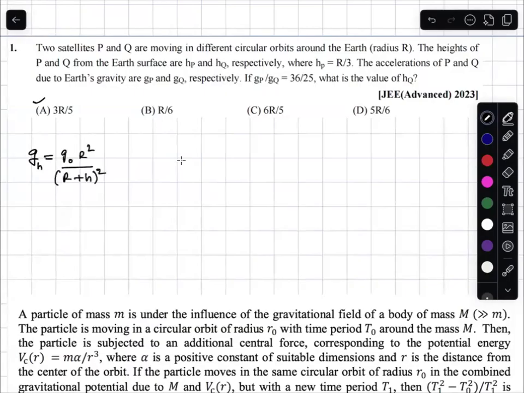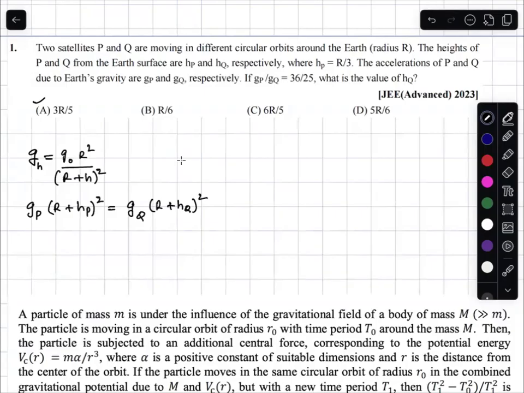I am sure everyone in this class has an idea on this. Now the question is, you want to compare at P and Q. So GP times (R plus HP) square is equal to GQ times (R plus HQ) square.